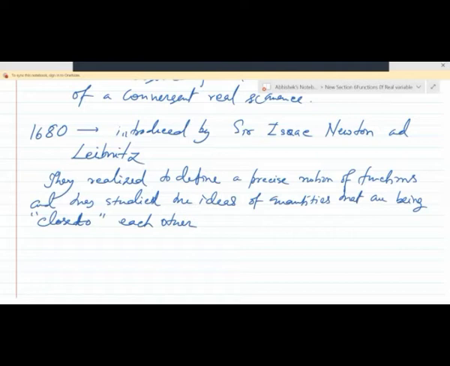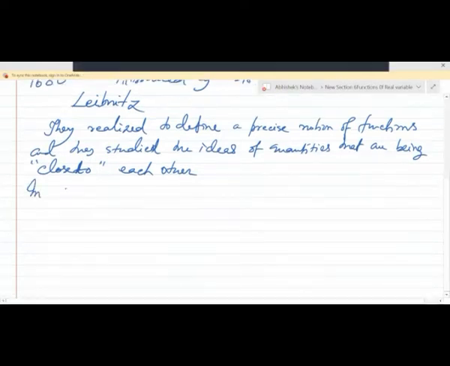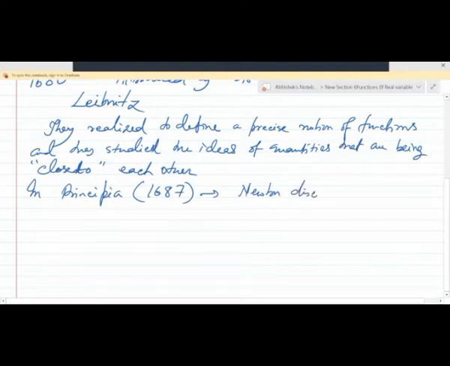And yeah. So Isaac Newton discussed limits in his book named Principia in the year of 1687. So in Principia, Newton discussed about limits.